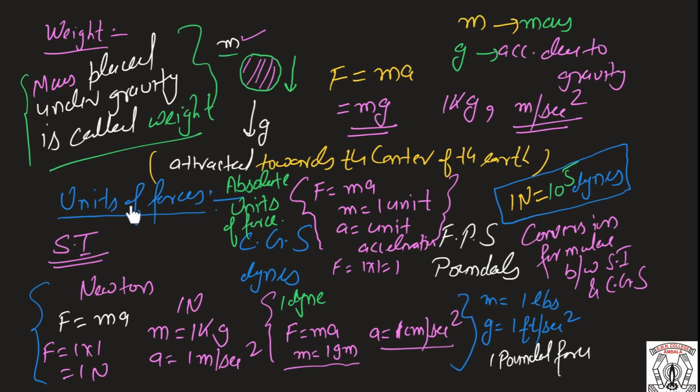Then we studied the units of force, which are SI units, dyne, poundal, then absolute units. Absolute units are further given as: if taken in SI, it becomes Newton; if taken in CGS, it becomes dynes; if taken in FPS, it becomes poundal.